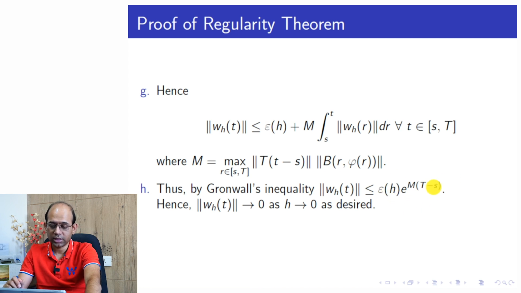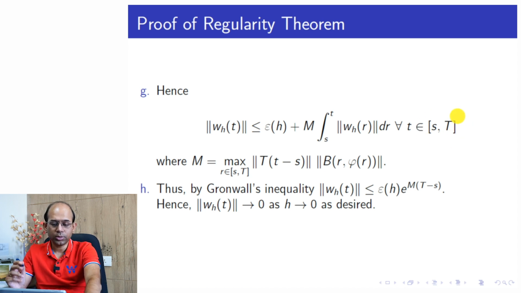Here we see that this is a finite quantity, and as h tends to 0, this epsilon H goes to 0. So we conclude that the norm of WH goes to 0 as h goes to 0, for every small t in the interval small s to capital T.